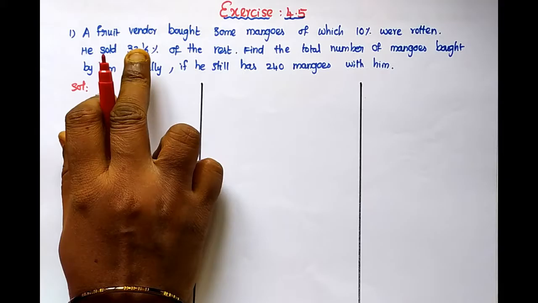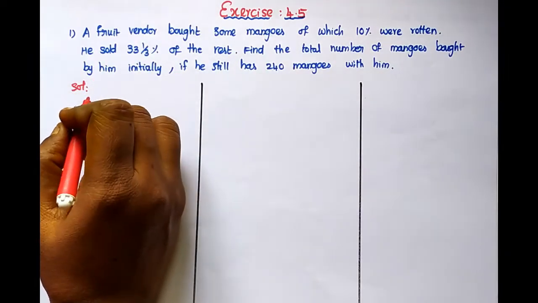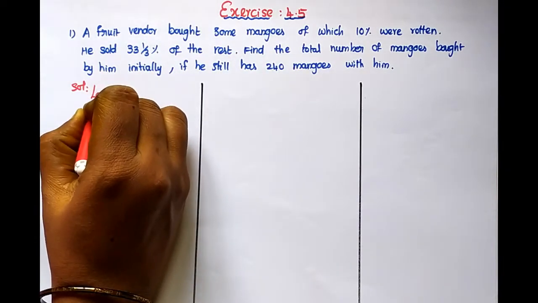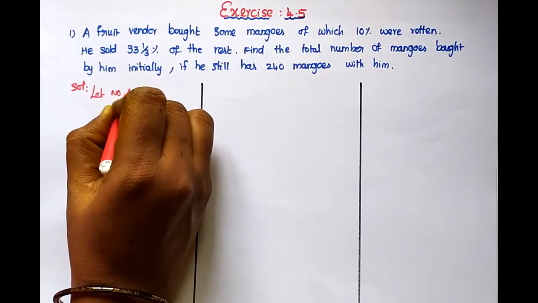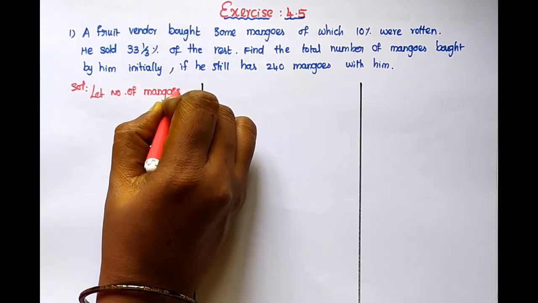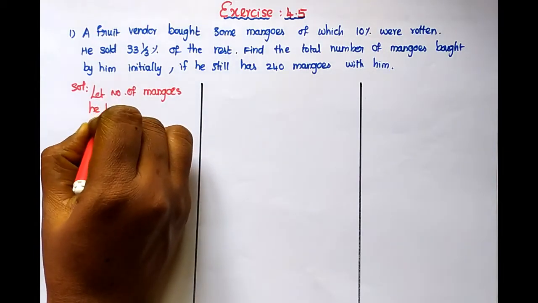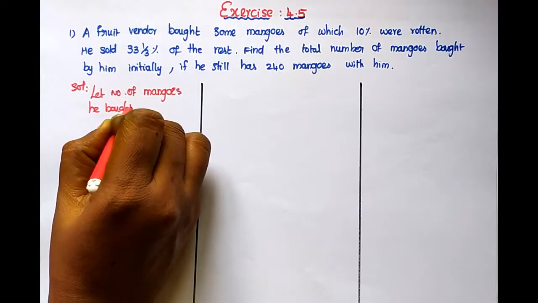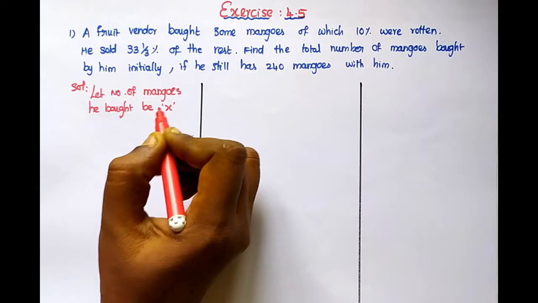Listen. How many mangoes initially he bought? We don't know. So, let the number of mangoes he bought be x.